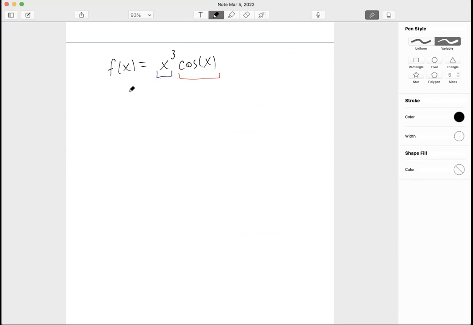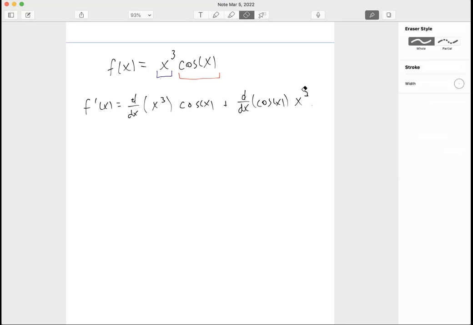So using the product rule, and it doesn't matter which you do first, you take the derivative of one of them and multiply it by the non-differentiated other, and then plus the derivative of the other times the first with no derivative.